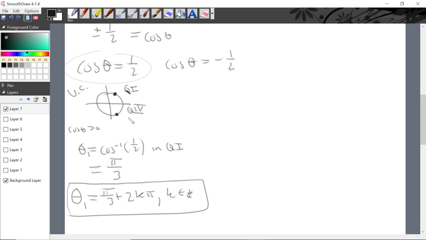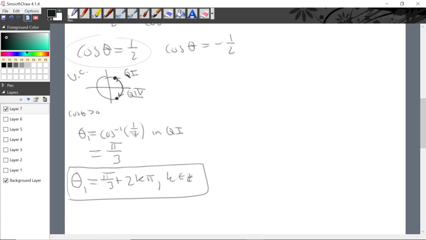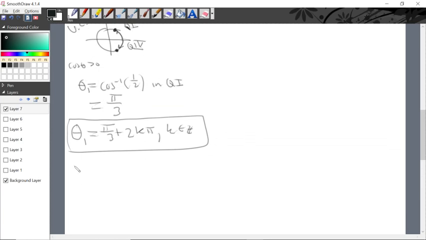What about quadrant 4? We need at least one solution in quadrant 4. One solution we could find by symmetry here. If this angle is pi over 3, then this angle here is also pi over 3, but in the opposite direction. So a quadrant 4 solution, I'm going to call that one theta 2. Theta 2 is equal to negative pi over 3.